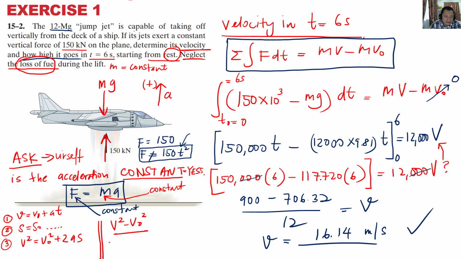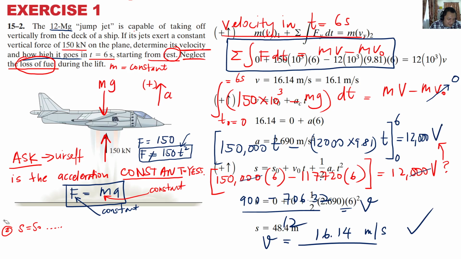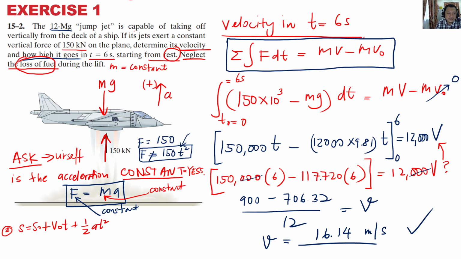But you don't have acceleration. This formula is no good. Then you have to use the second formula: S is equal to S naught plus V naught t plus half at squared. Acceleration again? It doesn't give you acceleration. Just find it, no need to use this.